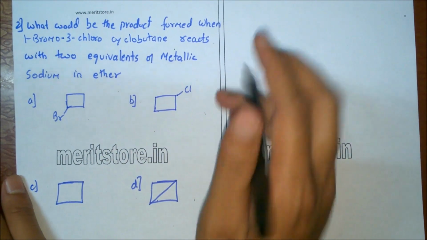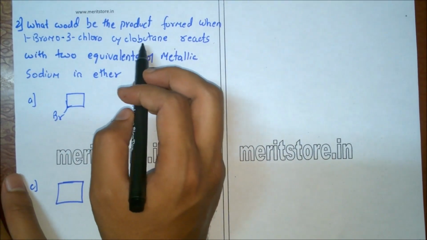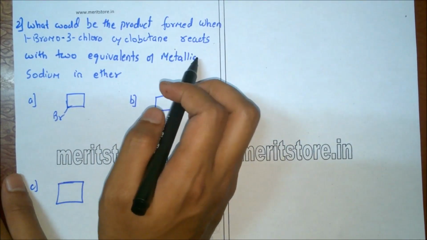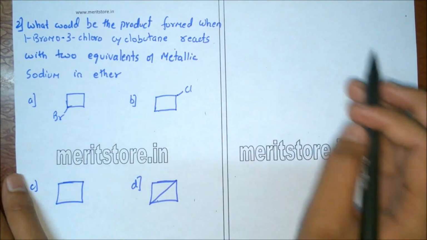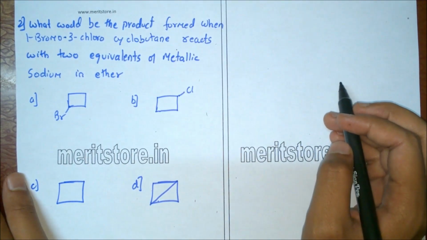What would be the product formed when 1-bromo-3-chlorocyclobutane reacts with 2 equivalents of metallic sodium in ether? It is an example of Wurtz's reaction.